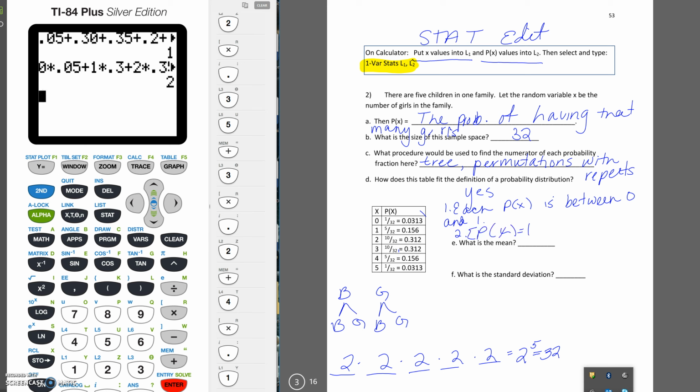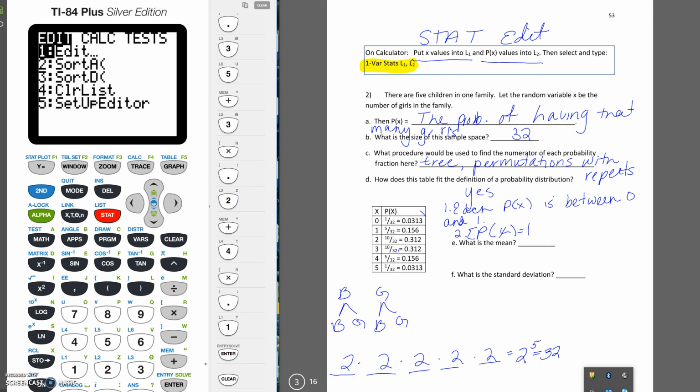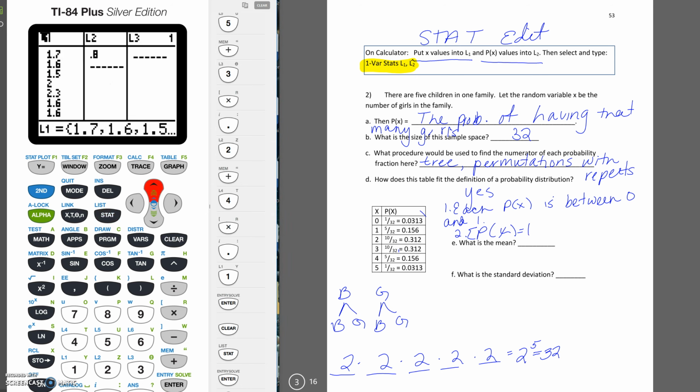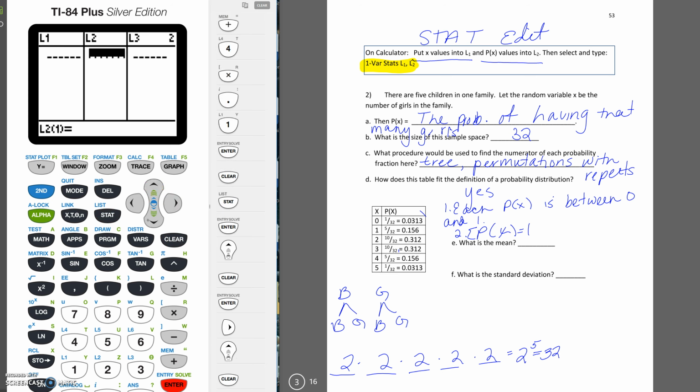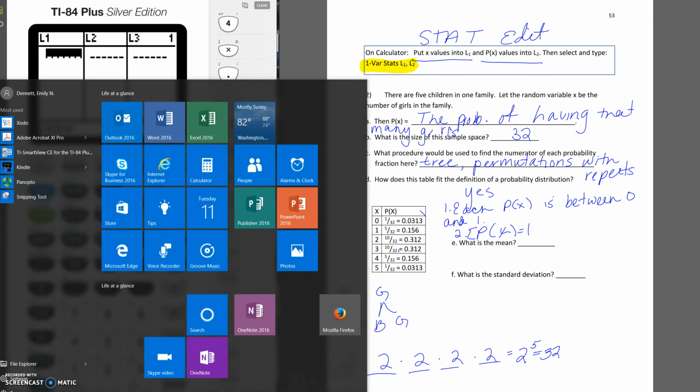So now we want to find the mean, and here's how we're going to do it on the calculator. So we're going to go to Stat and Edit, and if you have anything in L1 and L2, clear it out. So we're going to put the x values into L1, and then we're going to put the p of x values into L2.